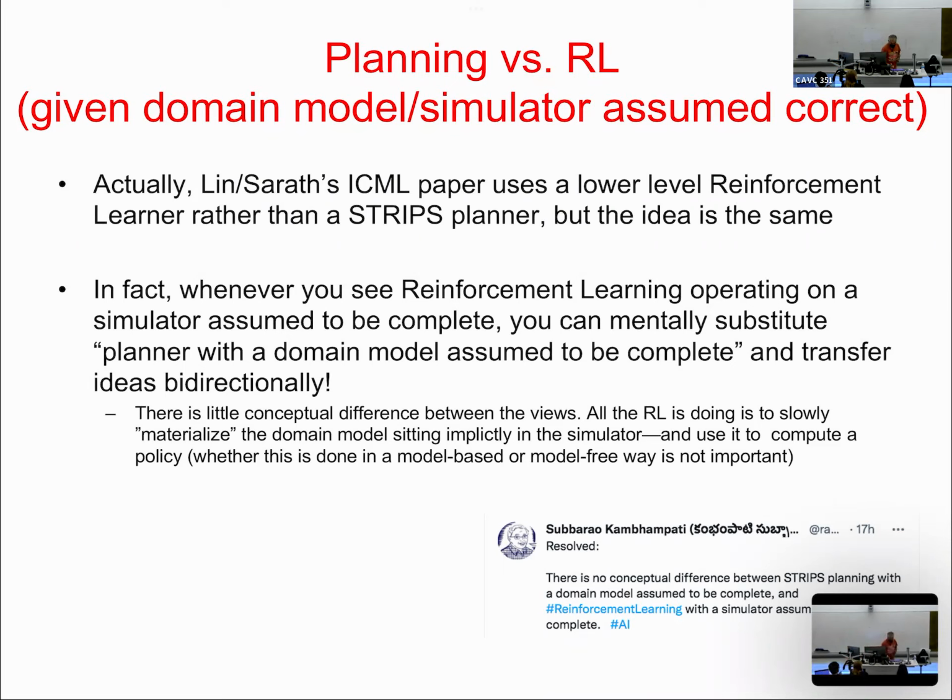I just tweeted this yesterday in preparation for this class: there is no conceptual difference between STRIPS planning with a domain model assumed to be complete and reinforcement learning with a simulator assumed to be complete. Lin kind of knows it because I made him agree with this. ICML reviewers say this guy's doing learning. If you wrote the same exact paper with a planner working on a more complete, low-level domain model, they say, no, go to some other conference. We are learning it.